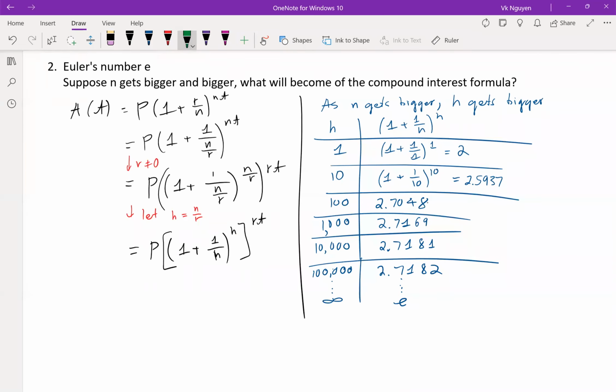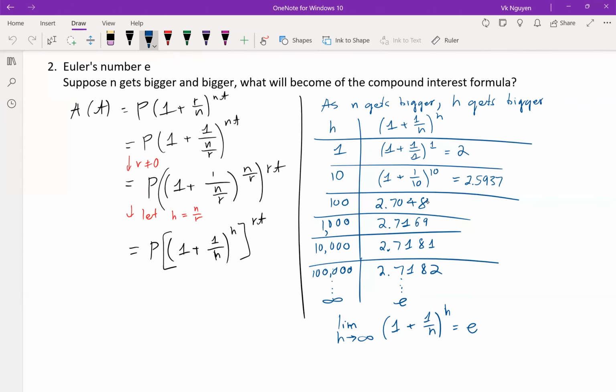In calculus, we write this as the limit as h goes to infinity of 1 plus 1 over h to the power h. This would be E. Euler is the first person to write down E and prove that it is an irrational number. So that is why we call E the Euler number.